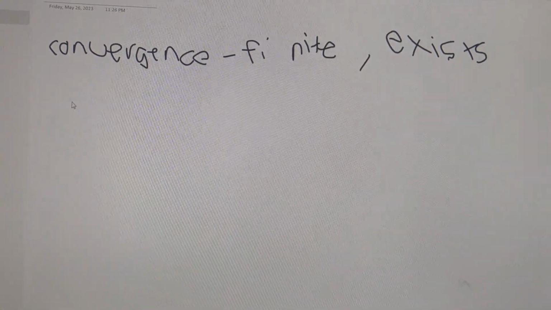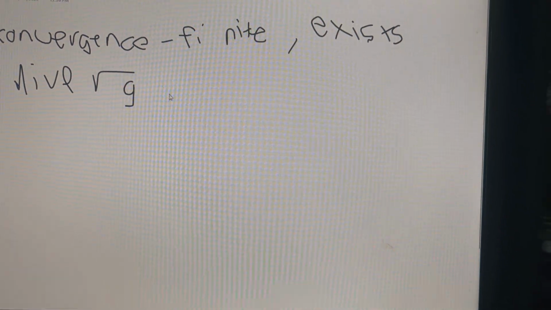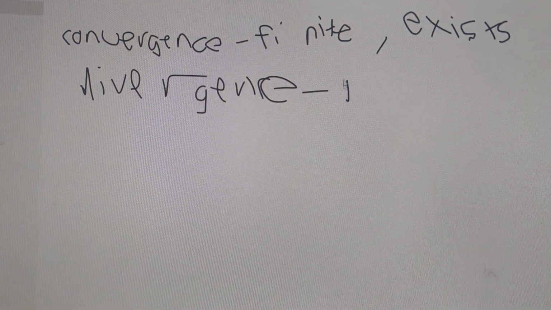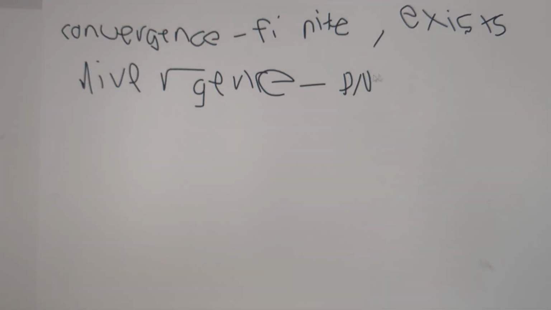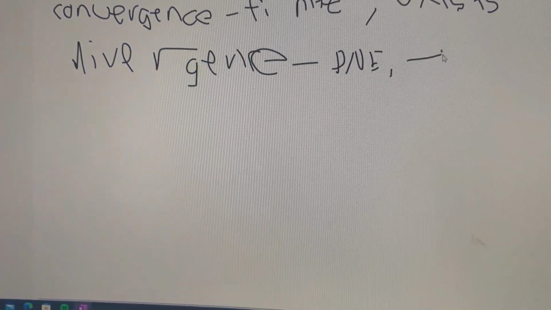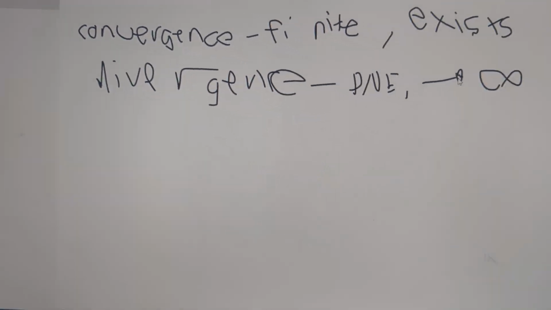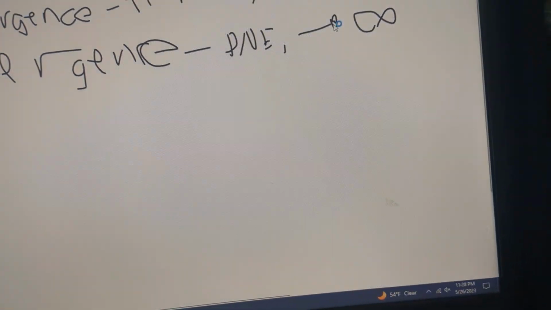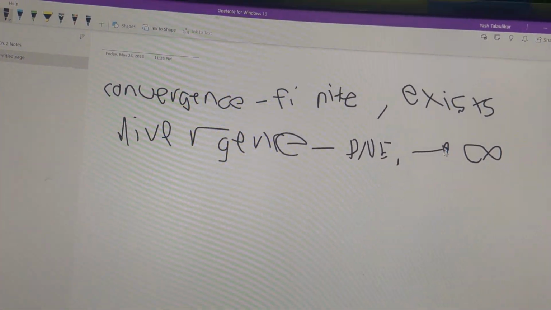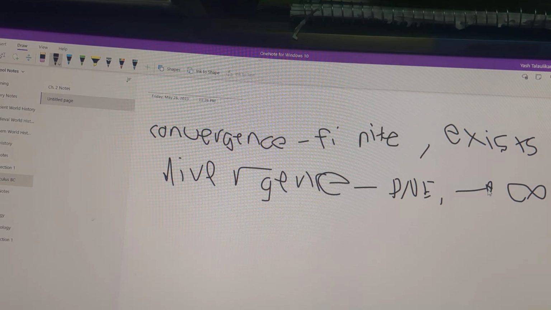But divergence is when said series does not exist or goes to infinity, right? So these are the two different outcomes of a said series as far as what it's going to do.